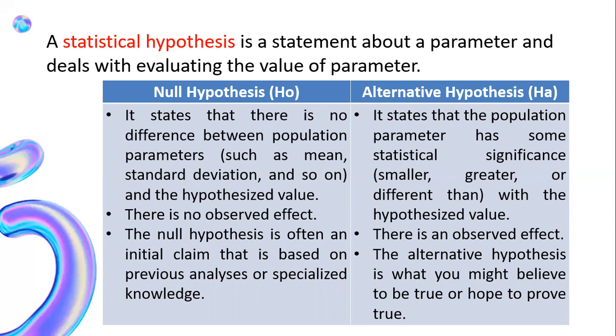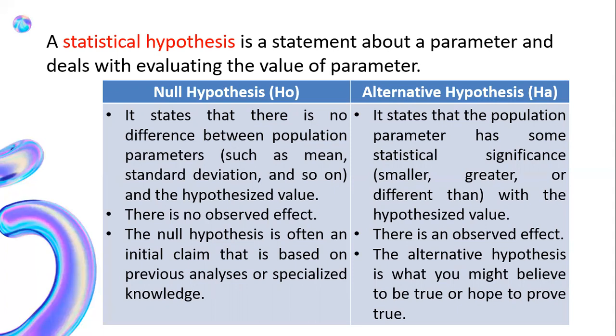Another one is that when we say null hypothesis, there is no observed effect. In the case of the fertilizer, with or without the fertilizer, it will have no effect at all on the plant. The null hypothesis is often an initial claim that is based on previous analysis or specialized knowledge.